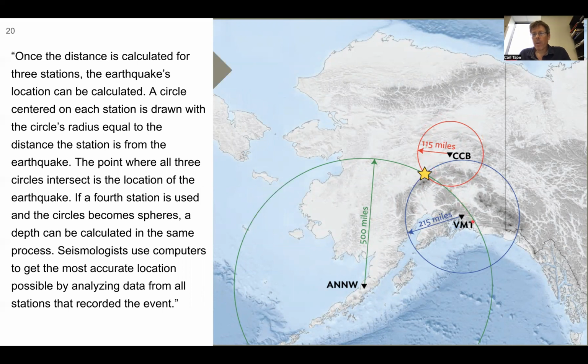And if all things are measured pretty well, then we expect these circles to intersect at one point. And you can see if you only have 2 circles, you can narrow it down to 2 possible places, here or here. But if you have 3 circles, it'll collapse onto 1, and we get an idea of where this earthquake is.